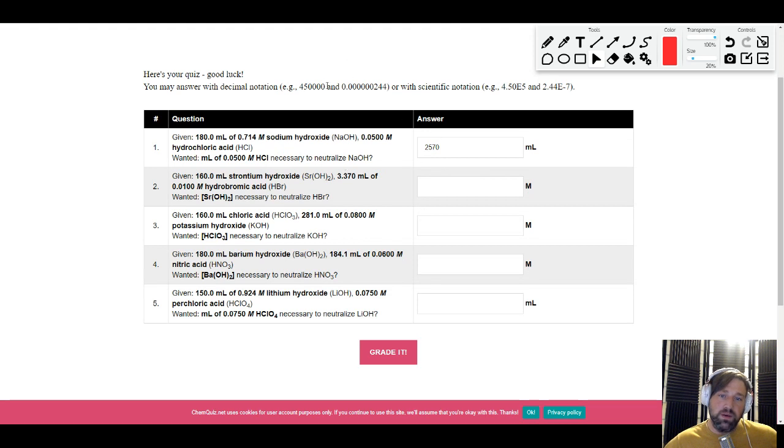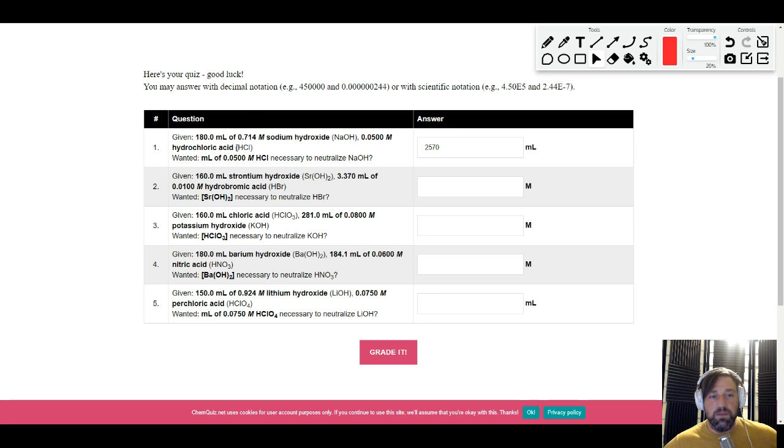The things that you need to remember here are the following. Remember that you just need to match up the number of moles of your acid and your base.